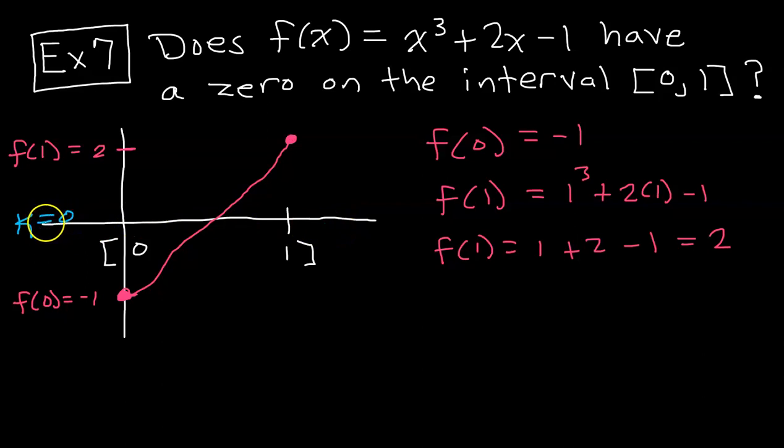So if we pick any k value between here and here, there's going to be at least one c value between here and here that corresponds to it. In other words, there's going to be at least one 0 between here and here according to the intermediate value theorem.